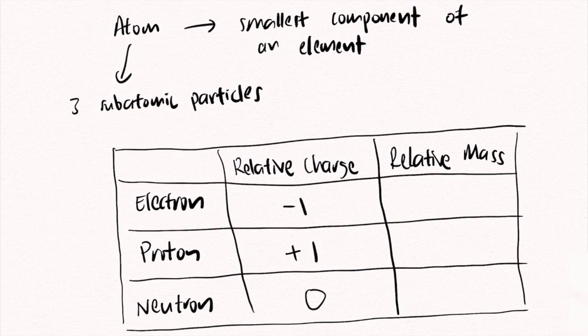In terms of relative masses, the electron is 1/1836 the mass of a neutron and a proton, which can both be considered to have the same mass of 1. This tells us that the electron is extremely light when compared to the proton or the neutron.